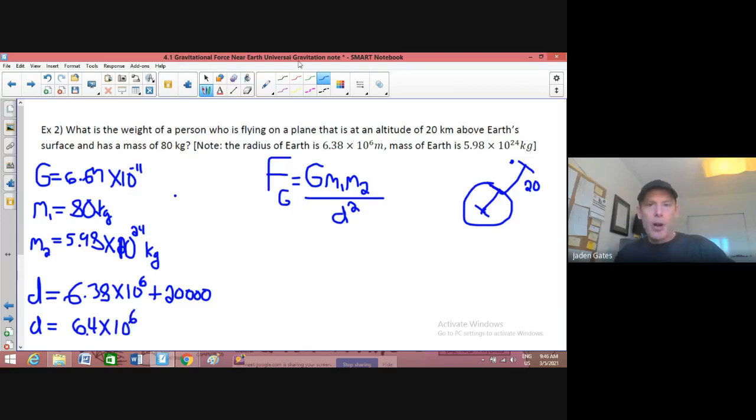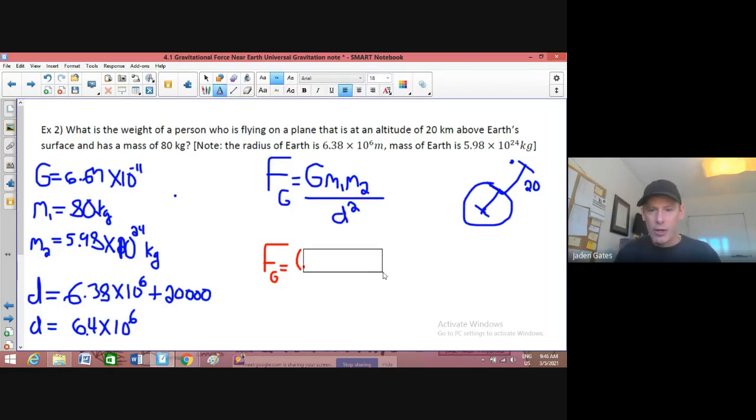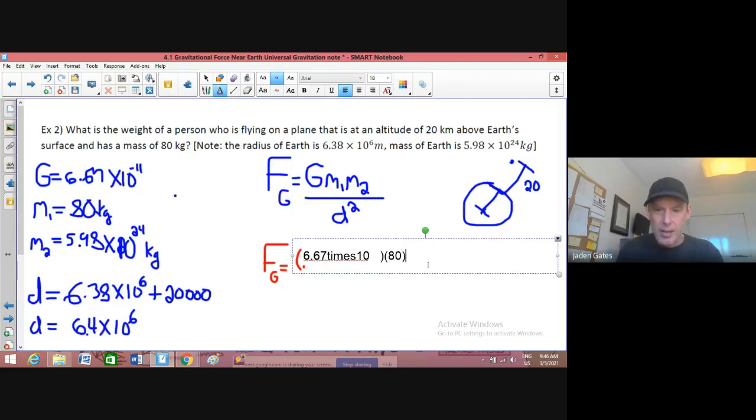All right, so now I finally got all my values here. I'm going to substitute in. So the force of attraction between these two objects, we have 6.67 times 10 to the negative 11, times our first mass, which is just a nice 80, times our second mass, which is 5.98 times 10 to the power of 24.